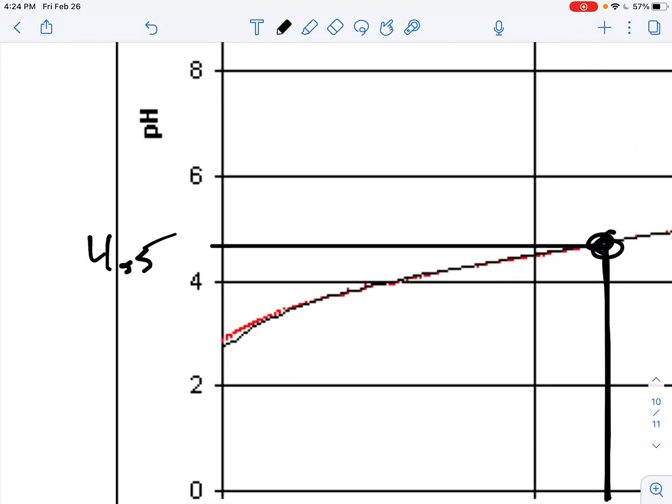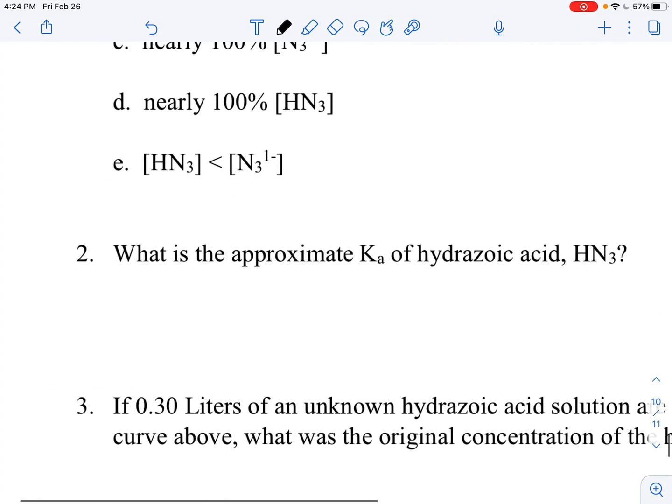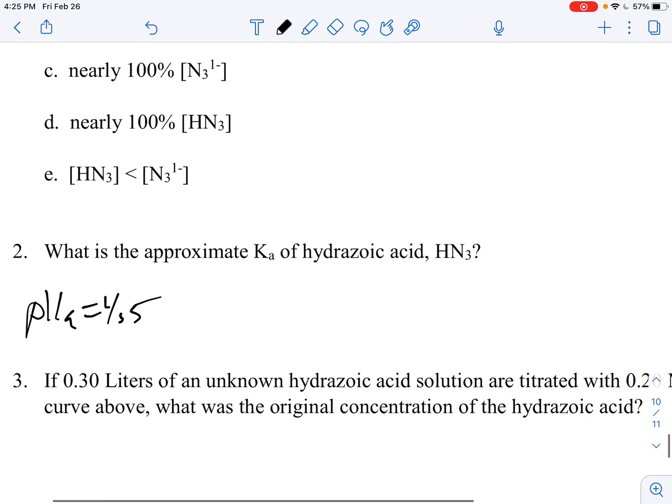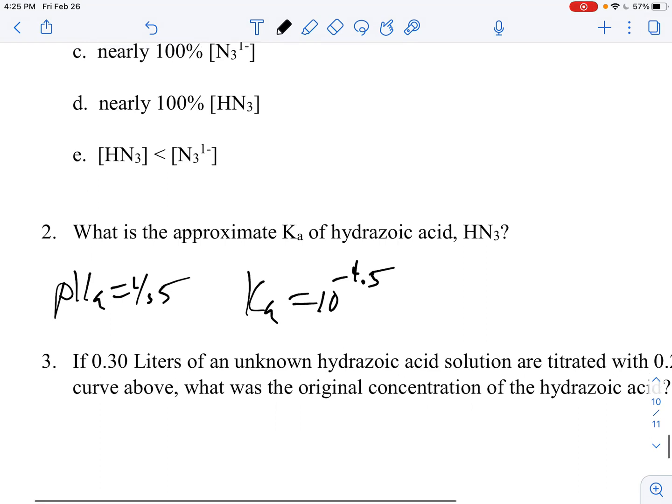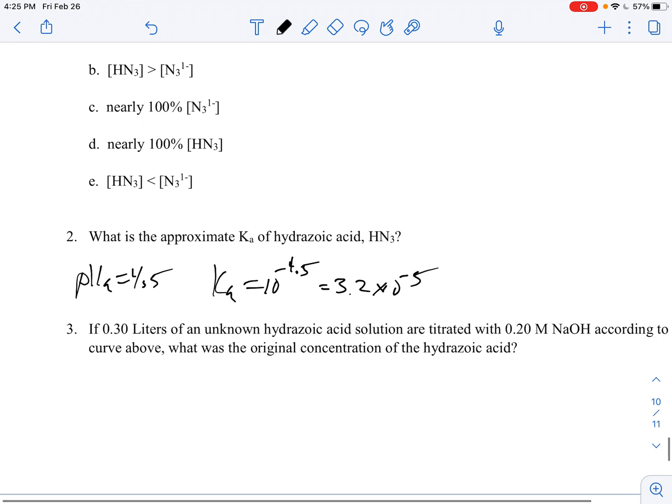So that's my pKa, 4.5. That means that my Ka is 10 to the negative 4.5, which is about 3.2 times 10 to the negative 5th, give or take a little.